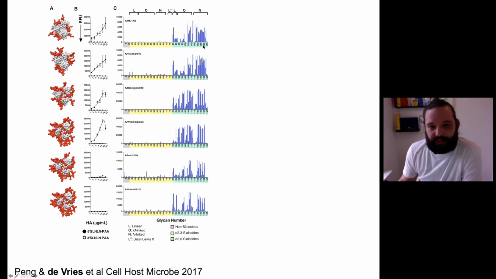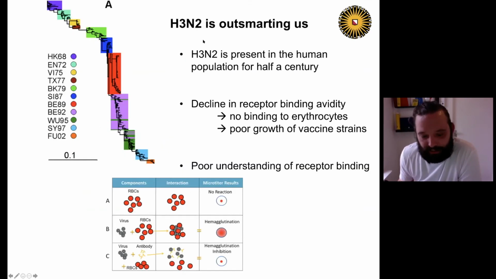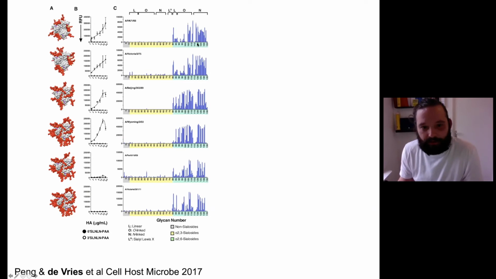One of the features here, and I would like to draw your attention to structures 120 to 135. All these viruses bind alpha-2,6 linked sialic acids. These are all different linear glycans, O-linked glycans, and N-linked glycans. And I hope you can appreciate that we see this comb-like structure.